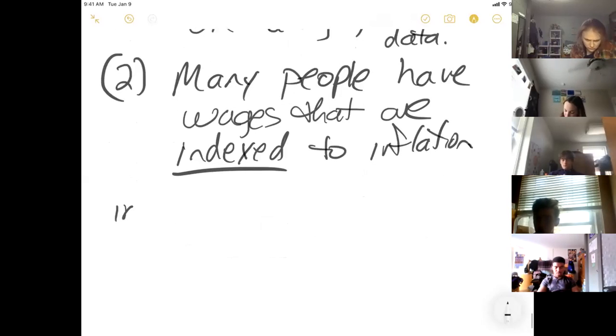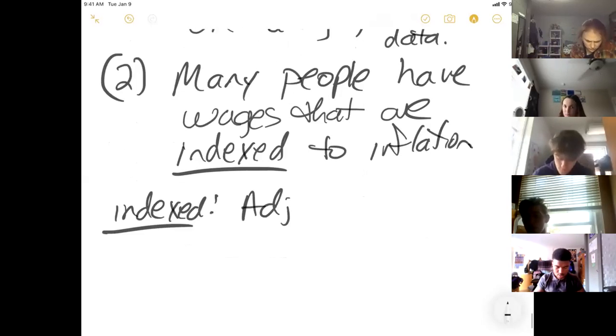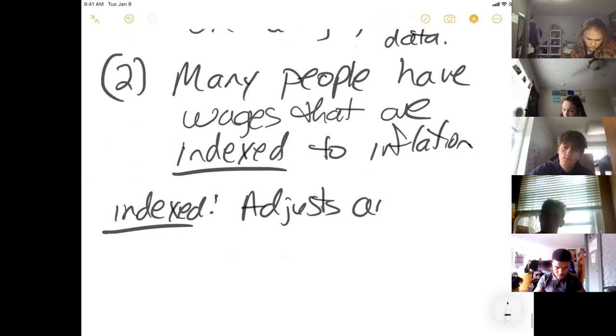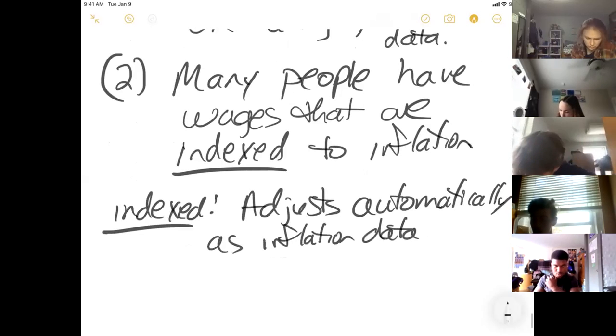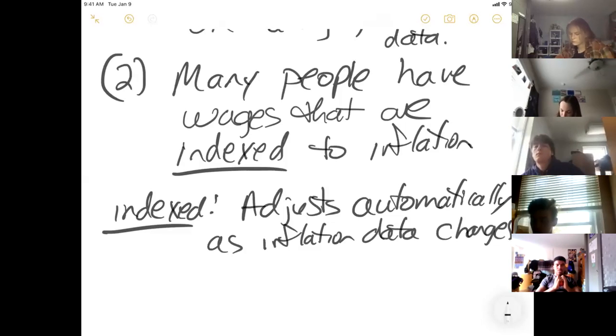What does indexed mean? That it adjusts automatically as inflation changes.